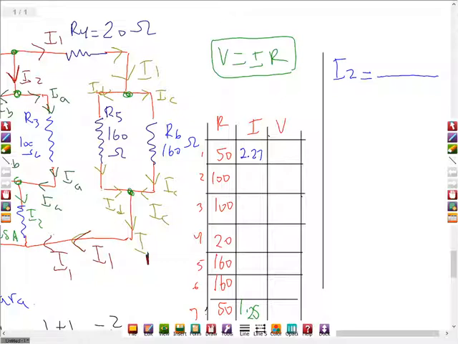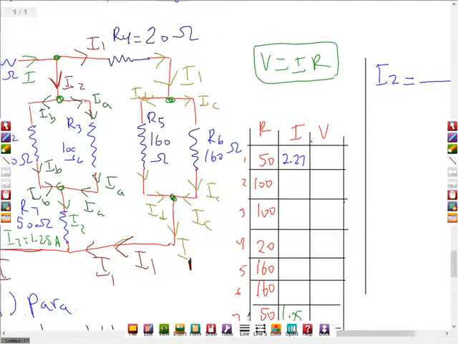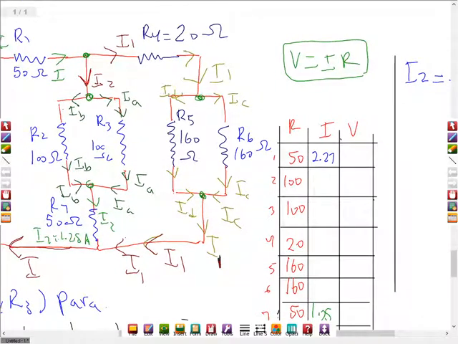I2 comes from where? I2 goes only to these two guys, R2 and R3, right? Look, you see the I2? To understand, I2 comes here and distributes between this and this, right? Good.